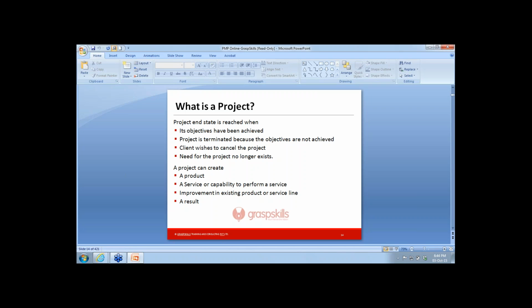Let's further delve into a better understanding of what a project is. The project end state is reached when the objectives have been achieved. A project is terminated when the objectives are not achieved or could not be achieved due to uncontrolled circumstances, or where your prospective client for whom you started this project wishes to cancel it.